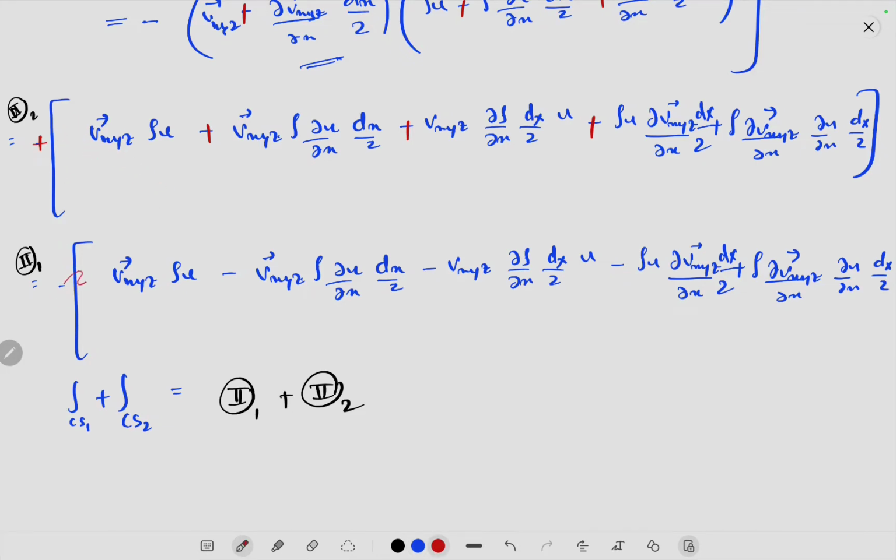Since there is a negative sign out, on addition the only terms which will get cancelled out will be the ones with the same sign. So this and this will get cancelled out, because if you take positive inside, this will be positive; if you take negative inside, this will become negative. So let's write it with some other color so that you can follow it after.